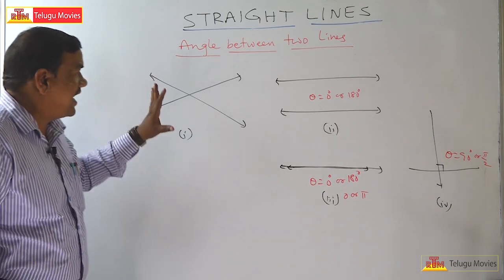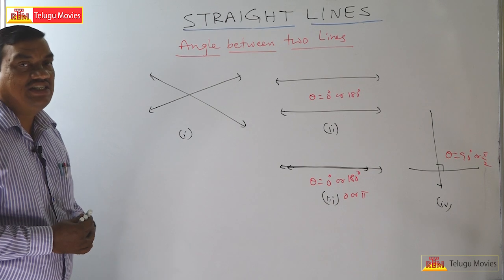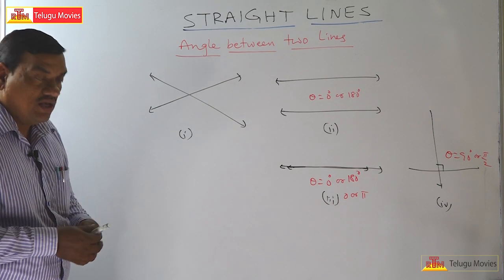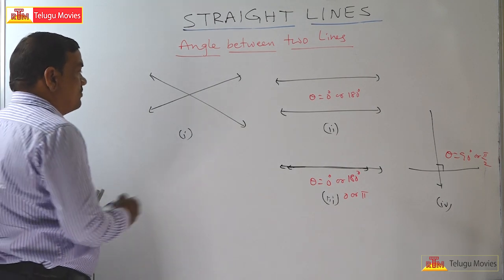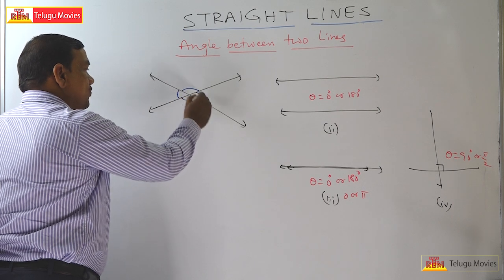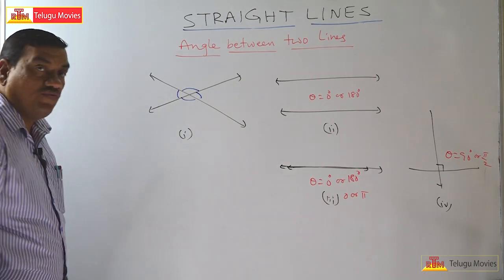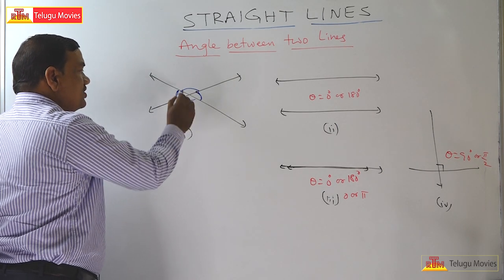Now, the question arises here. When two lines intersect each other, you see here that four angles form, that is 1, 2, 3, 4. The first angle is equal to its vertically opposite angle.